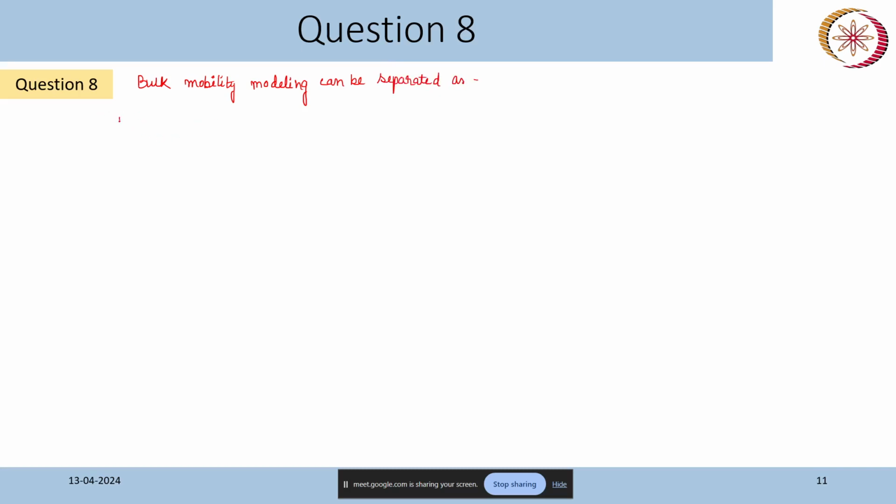So the first option is low field mobility for bulk or inversion layer.